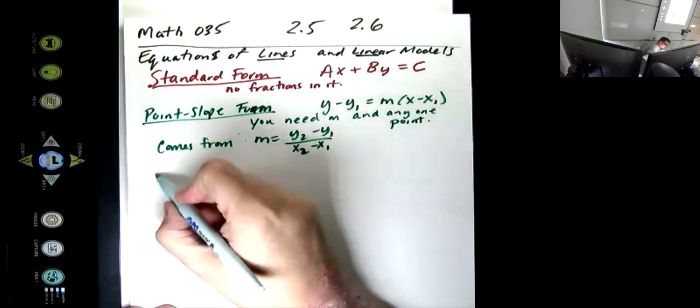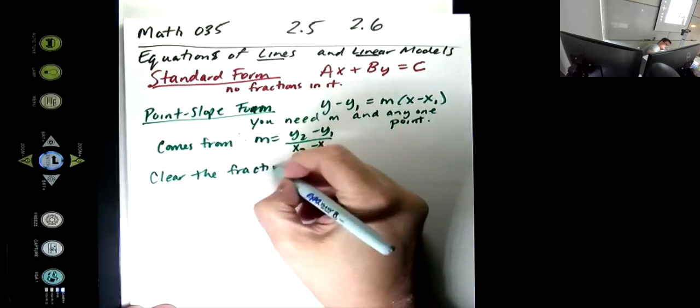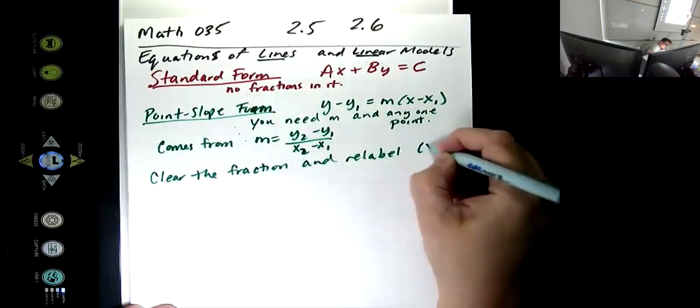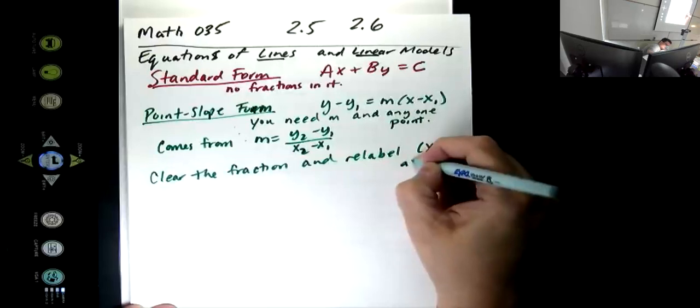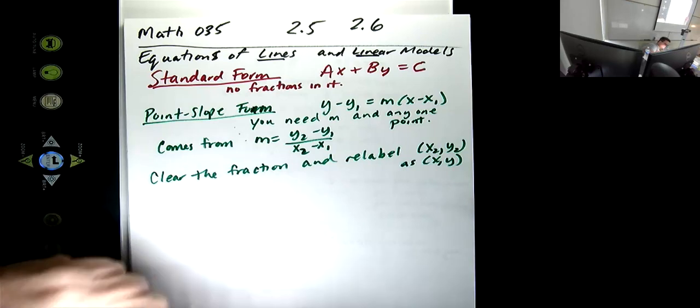You clear the fraction and relabel x2, y2 as x, y. So y minus y1 equals m times x minus x1. That's the point slope one.